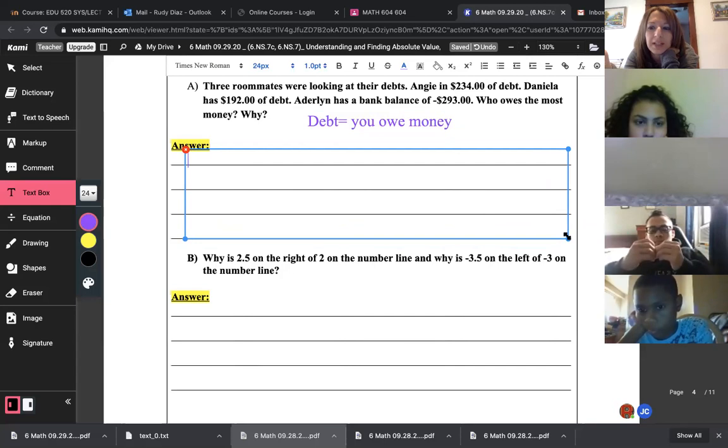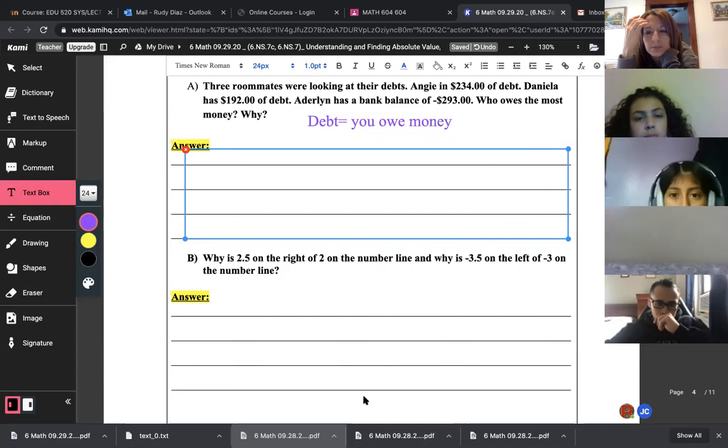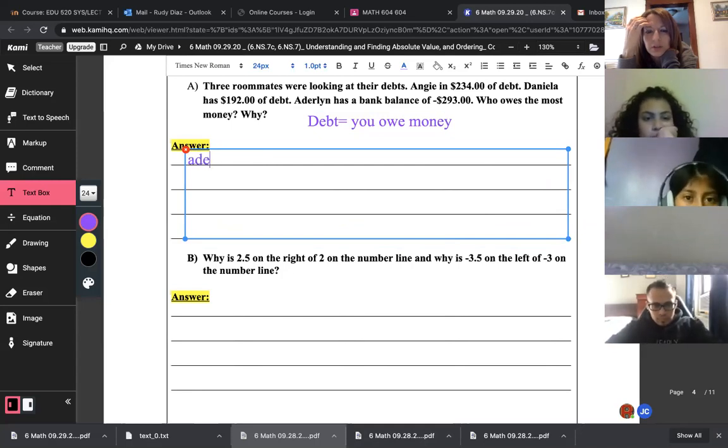Who owes the most money, Juliana? Which number is the farthest from 0? $293. Yep, which is what student? So Ardelin, well, you just told me 293, right? So that's Ardelin. So Ardelin owes the most amount of money because why?